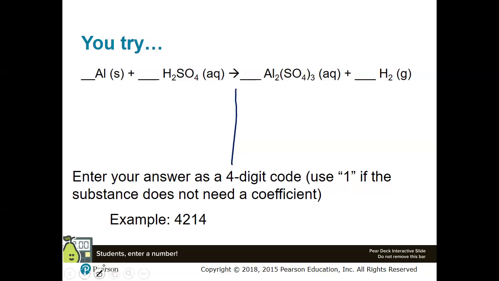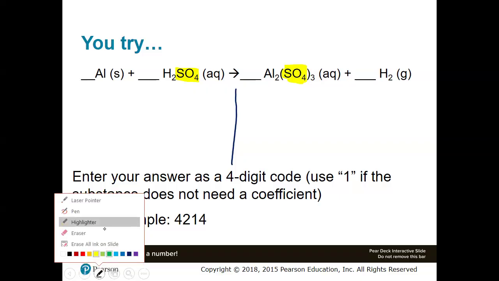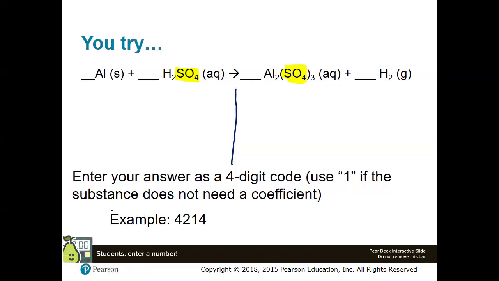What we need to recognize, what we can recognize, is that on both sides of the equation here, I have SO4s. Why that's important is because since I recognize that there is a consistency, an SO4 on each side, rather than split it up into sulfur and oxygen, I can keep it together as SO4, which makes the balancing a lot easier because now I only have to track aluminum, hydrogen, and sulfate, SO4, instead of aluminum, sulfur, oxygen, and hydrogen.